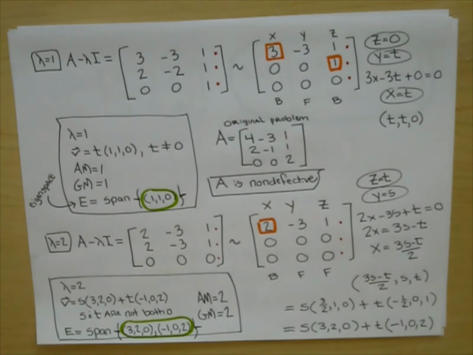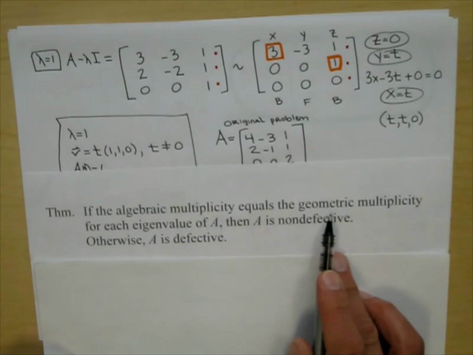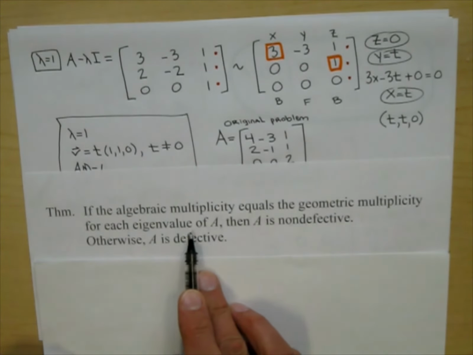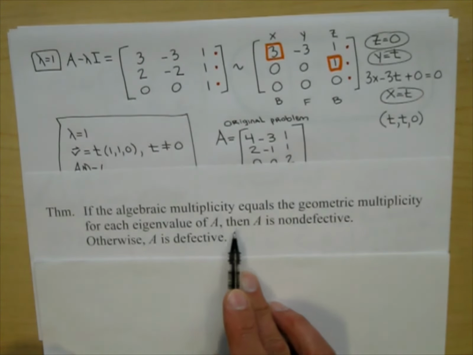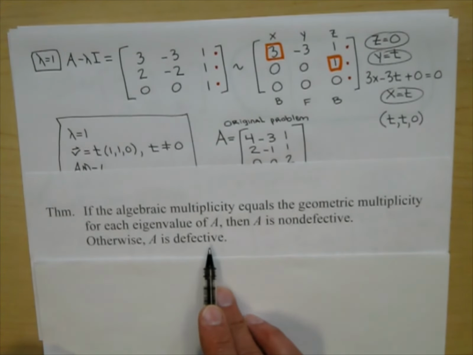I think we have another theorem. Here it is. If the algebraic multiplicity equals the geometric multiplicity for each eigenvalue of A, then A is non-defective. Otherwise, A is defective.